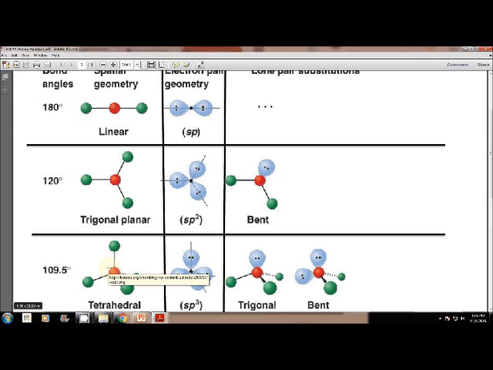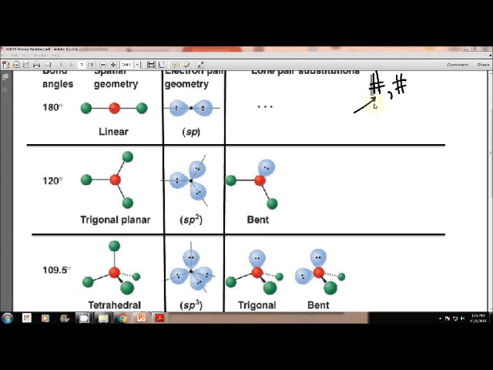So we are going to write on here 2 numbers by each picture. And the 2 numbers are going to signify things about our picture so that when we look at a Lewis structure, then we know what we're talking about. Okay?